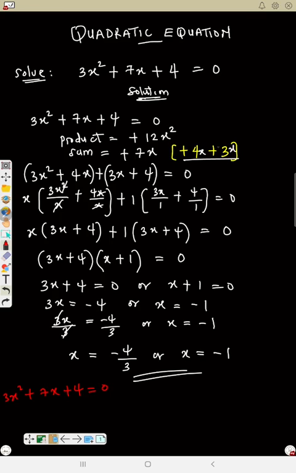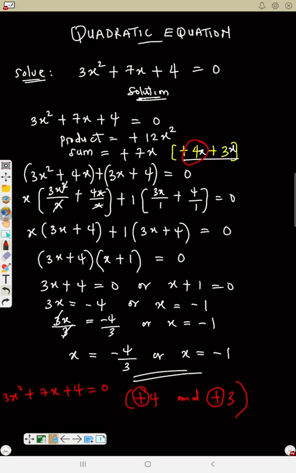Now if you look at it, our two numbers, our two product and sum, are plus 4 and plus 3. Those are the two numbers we use, plus 4 and plus 3, and that will be our final answer. Now I told you, if you have this, you will change the sign.